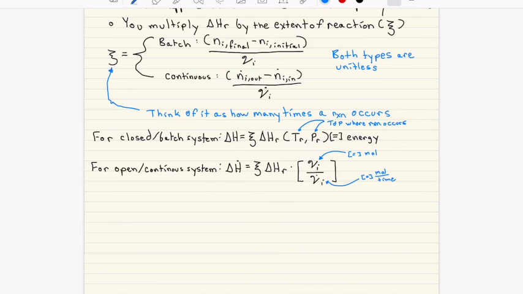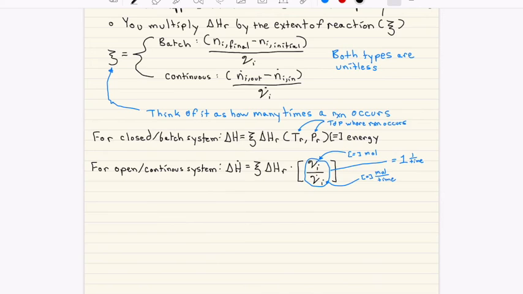Now, this may seem confusing, but the nice thing is that this term in brackets has a magnitude of 1, and it gives you units per time. That's all we want out of it.